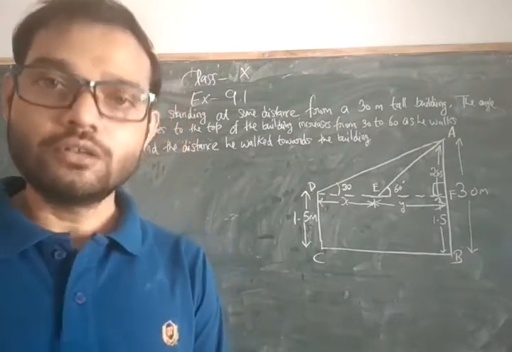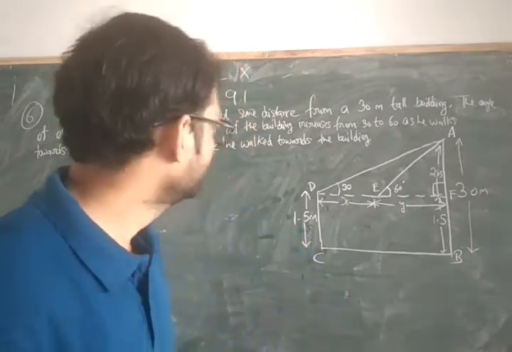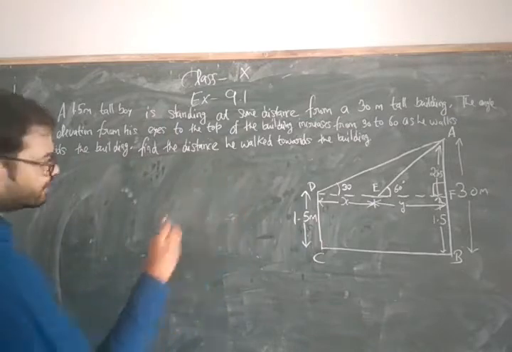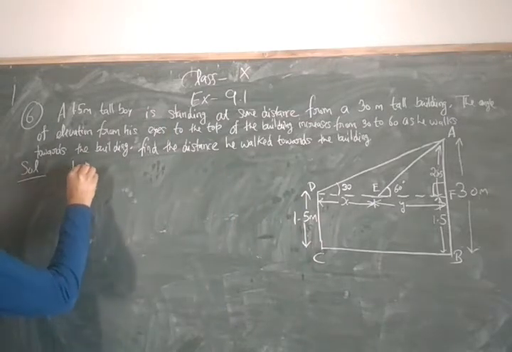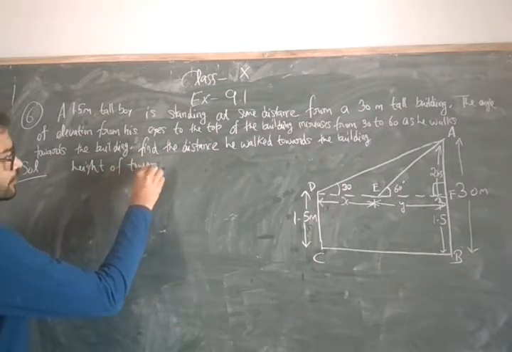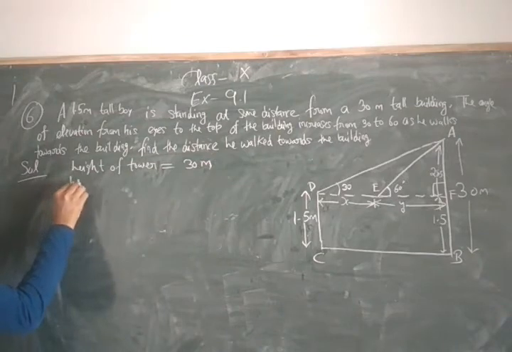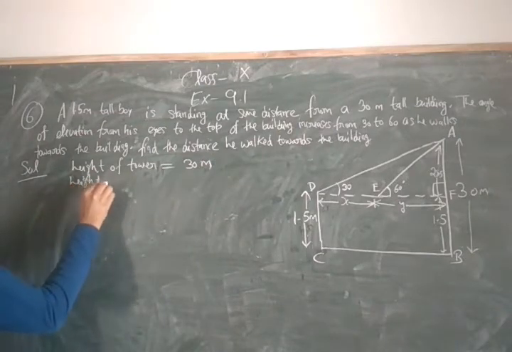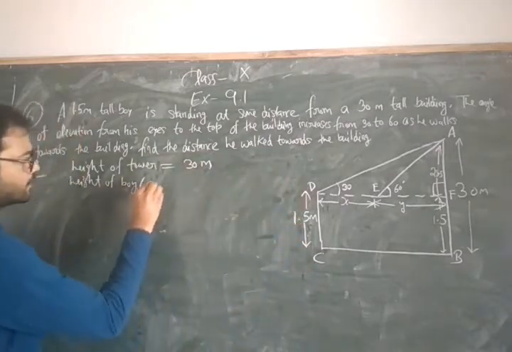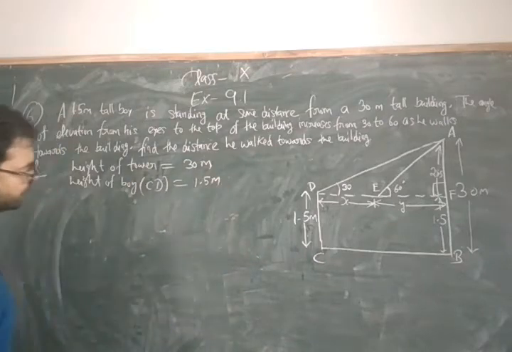You have to write all the things which you let and which are given also. So first of all, we will write that the height of the tower is 30 meter, the height of the boy, and the boy we have named CD, so it is 1.5 meter.